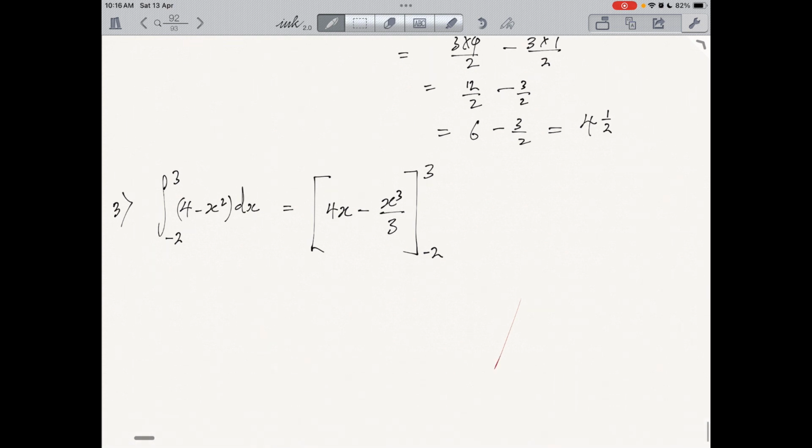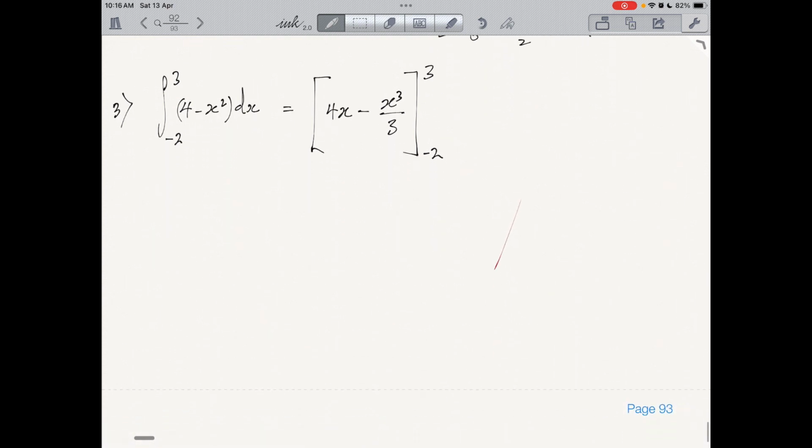Now, having done this, we substitute our upper limit and we substitute our lower limit. We know that the upper limit will come first and the lower limit comes later. And the upper limit in this case is 3. The lower limit in this case is minus 2. So let's substitute our upper limit. So wherever we see x, we substitute 3. 4 into 3 minus 3 cubed over 3.